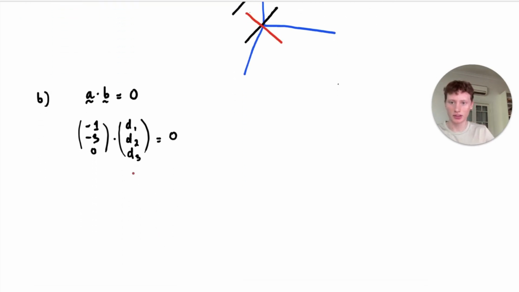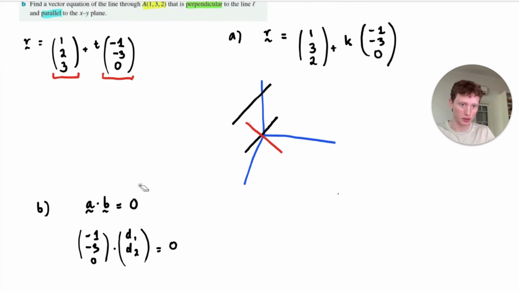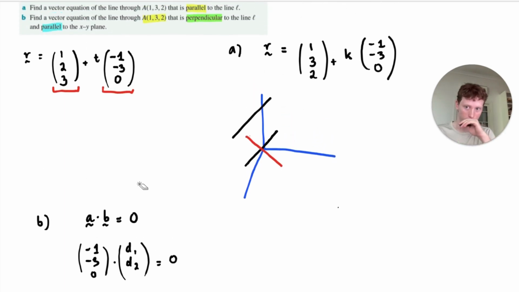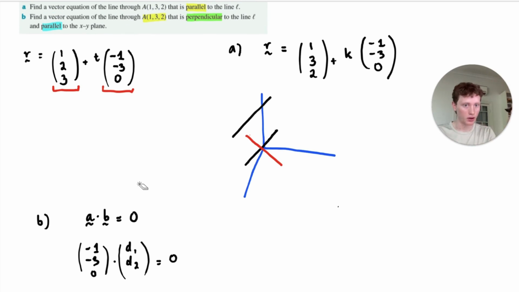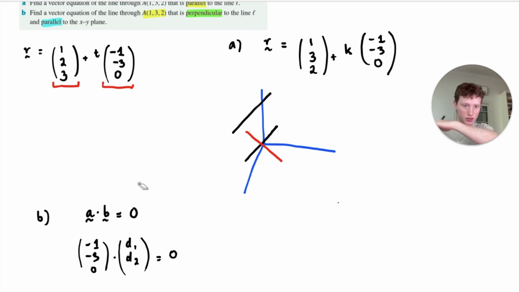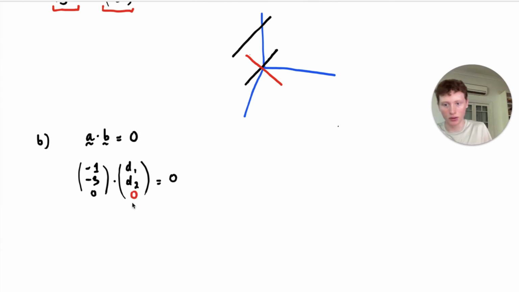For that reason, what parallel to the xy plane means is that we're not increasing our elevation in the z direction. In other words, our direction vector doesn't have a k component. There's no rise. It's just staying flat on the xy plane, not going up into 3 dimensions. So this is actually going to be a 0, and we can pre-fill that.